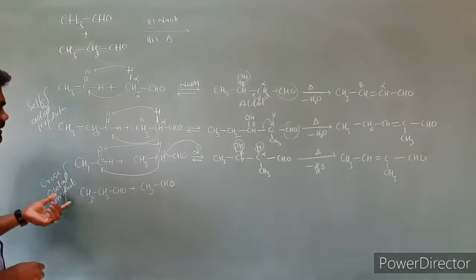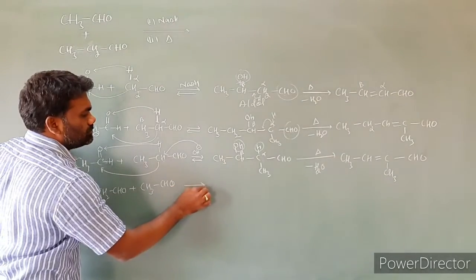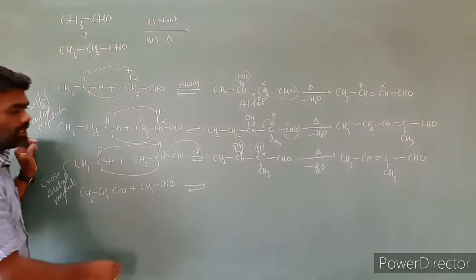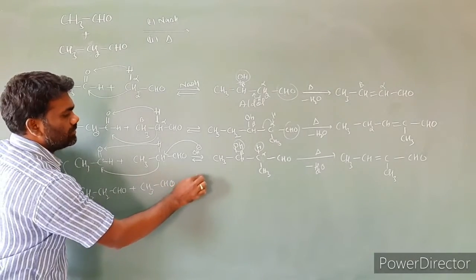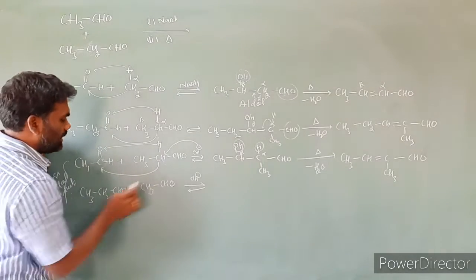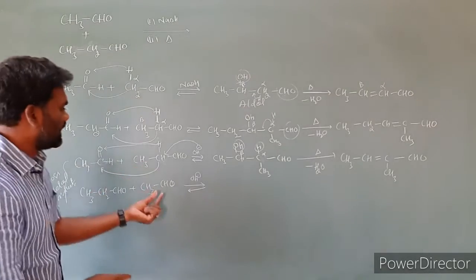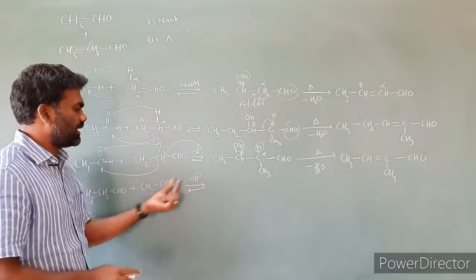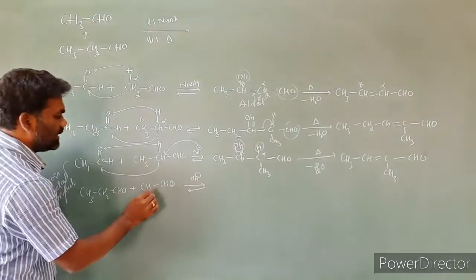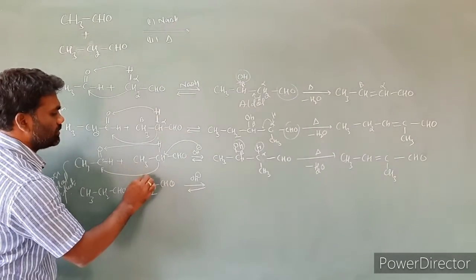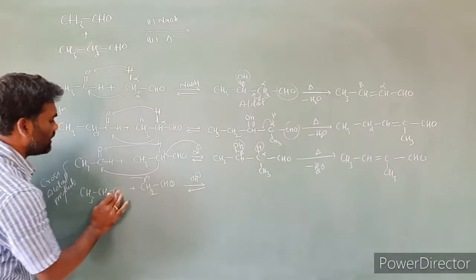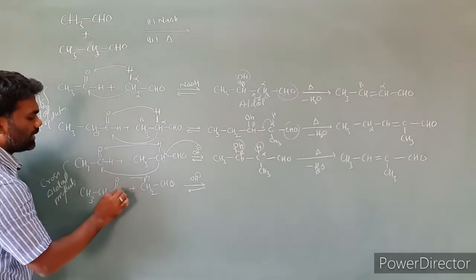Next, this one. In this case, OH minus is there. This OH minus is now attacking this molecule. We already attacked here, and now we are attacking this molecule. This one I am taking as CH2 H. This hydrogen, this one I am writing as C double bond OH.